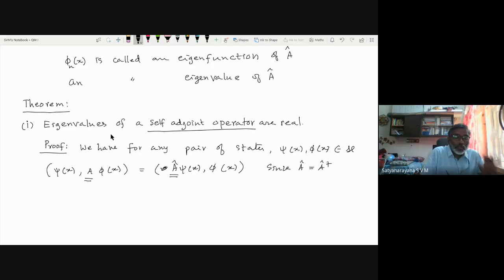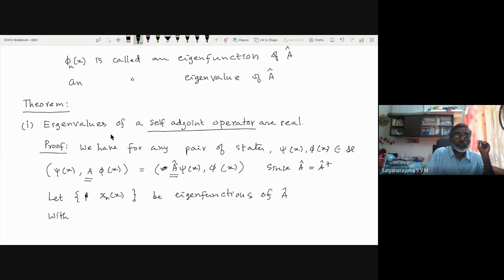Now, let us say that some functions, which I will call chi n of x, be eigenfunctions of A with eigenvalues a n.